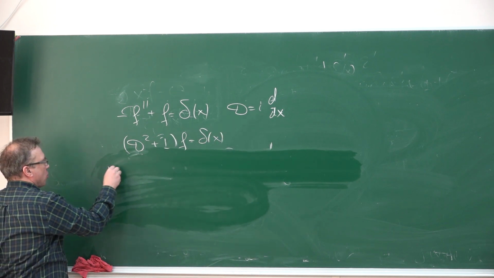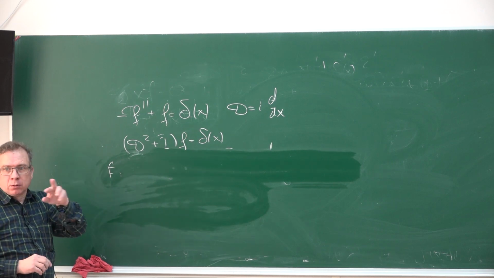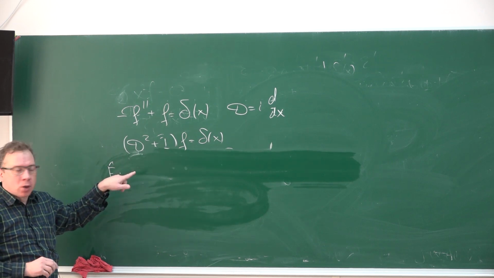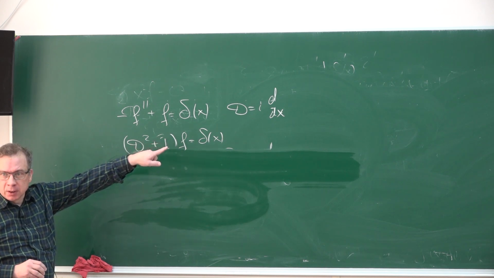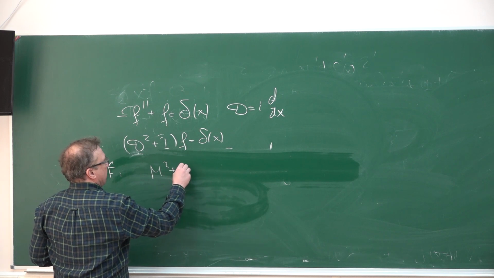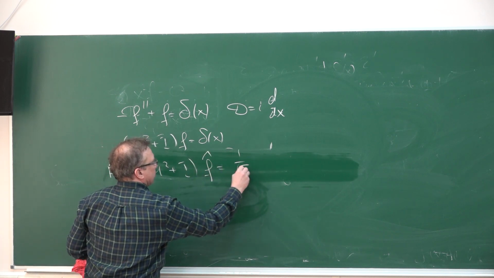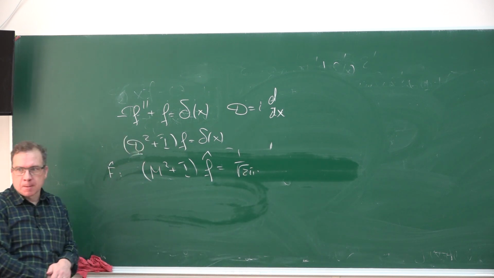Then take the Fourier transform. Do you remember the commutation property of the Fourier transform and the operator d? It is m squared plus identity, yes.